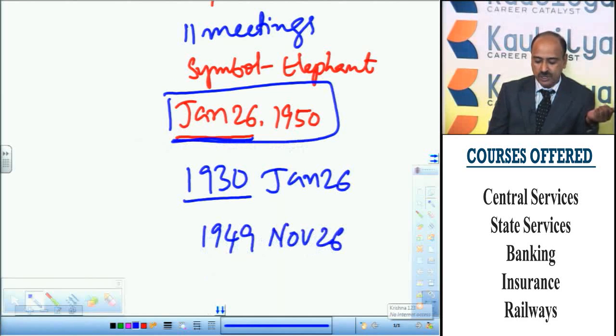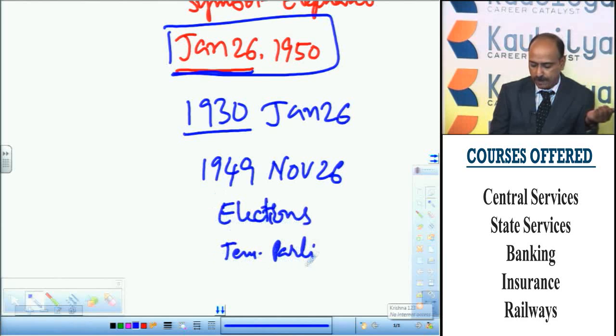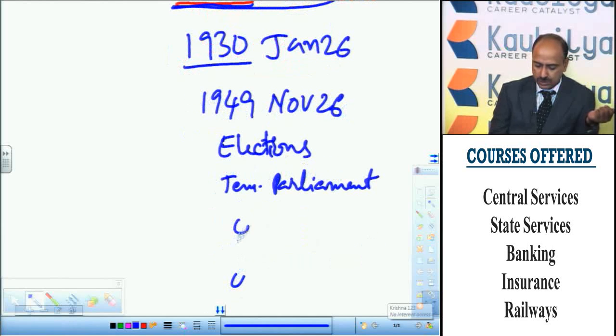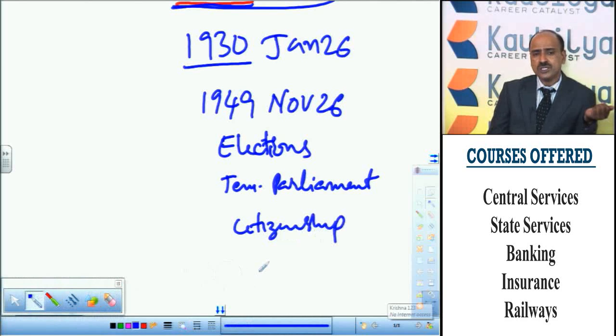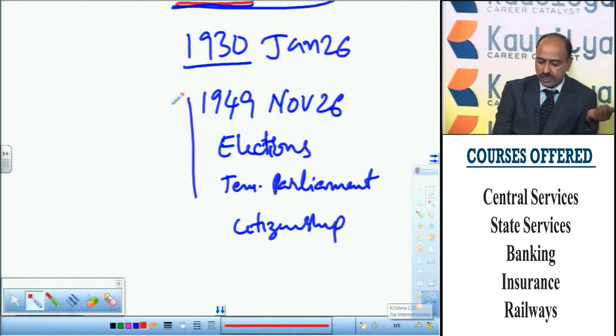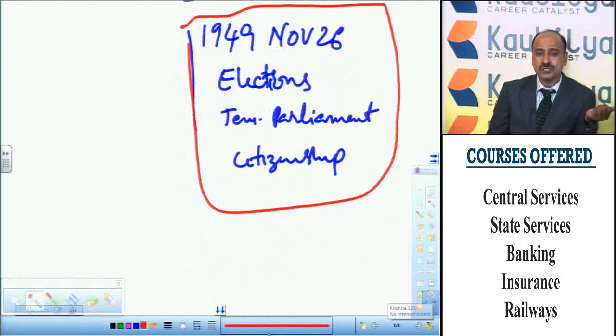Those important concepts are elections, temporary parliament, and citizenship. These three essential concepts were implemented from November 26, 1949. All the remaining concepts came into force from January 26, 1950.